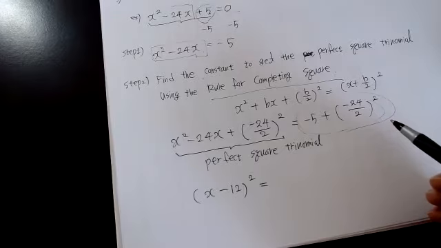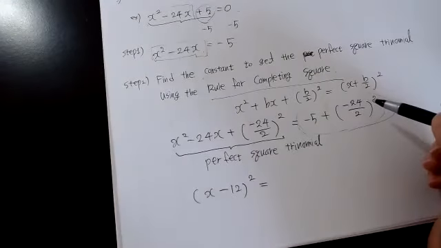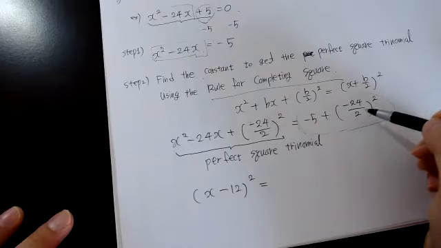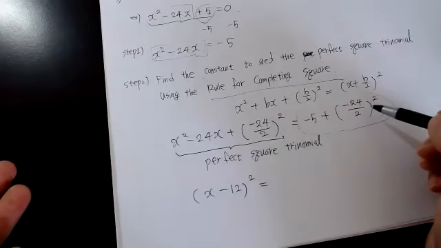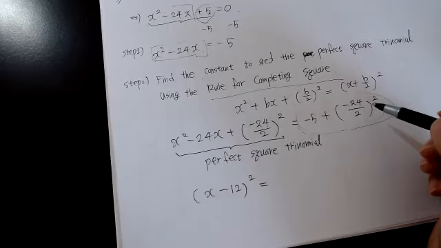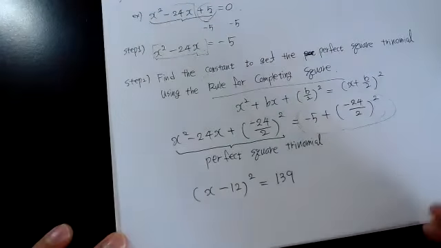Negative 5 plus negative 12 squared, which is 144. So we got 139.